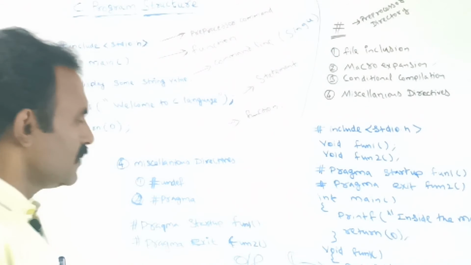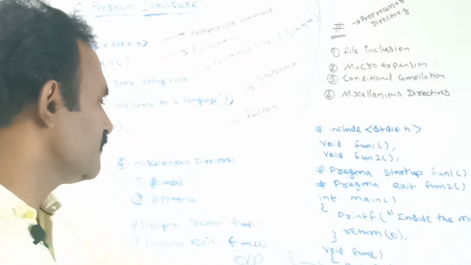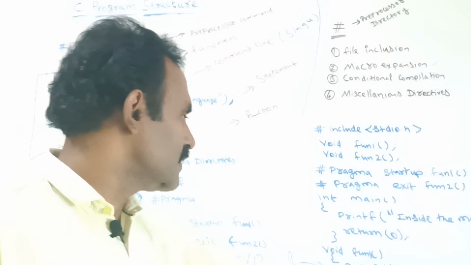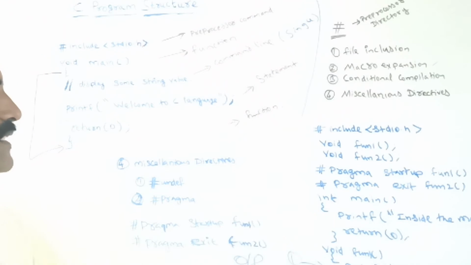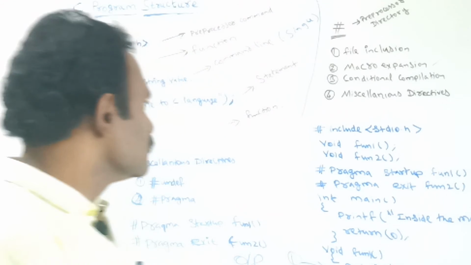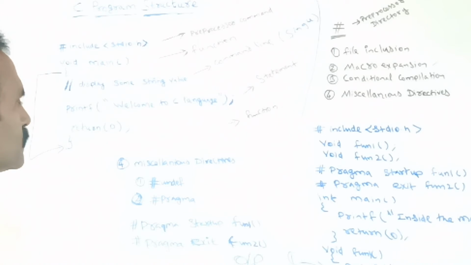So the output will be like this: first inside fun1, second inside the main function, and third inside the fun2. This string will be displayed in this order. In this way pragma startup and pragma exit were used in the source code.